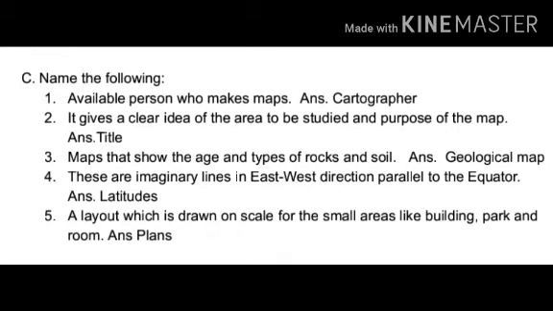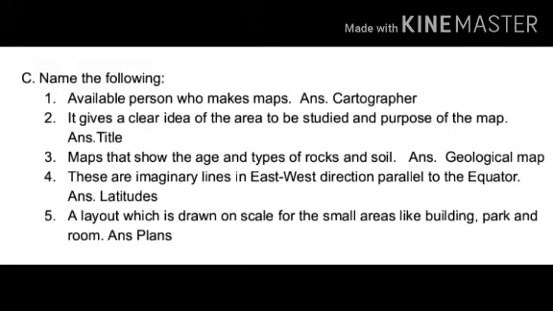Exercise C. Name the following. A person who makes maps. Answer. Cartographer. Second, it gives a clear idea of the area to be studied and the purpose of the map. Answer. Title. Third, maps that show the age and types of rocks and soil.